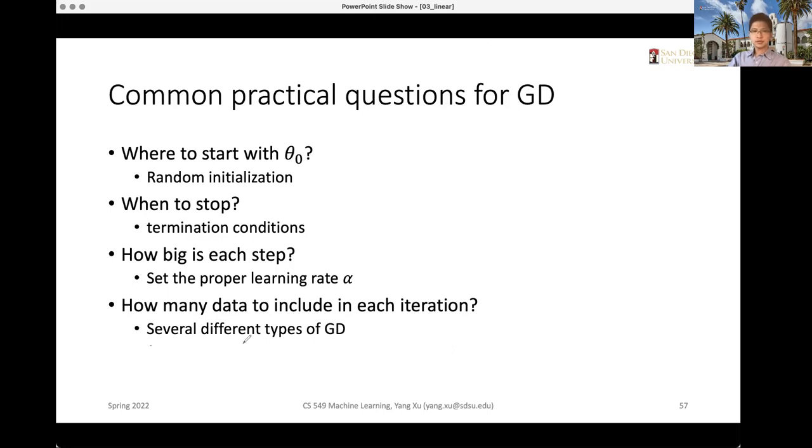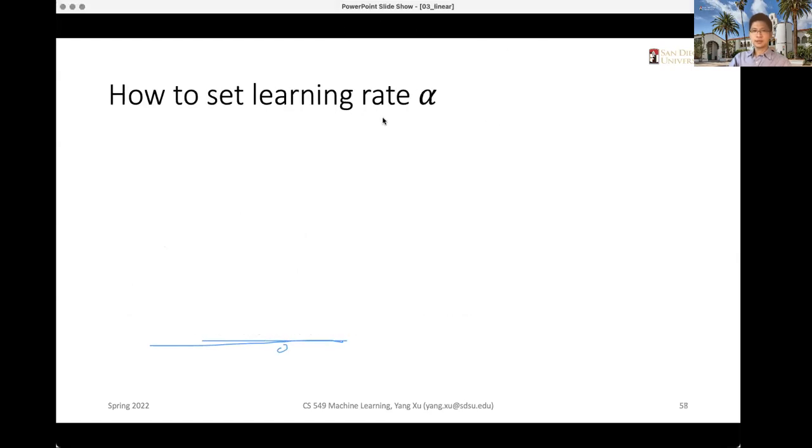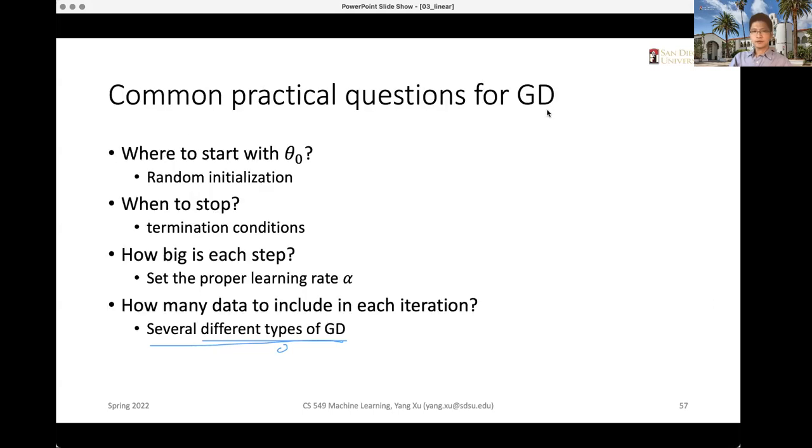So it leads to a question of different types of gradient descent. We will cover some of those questions today, and we will leave other problems to our future lectures.